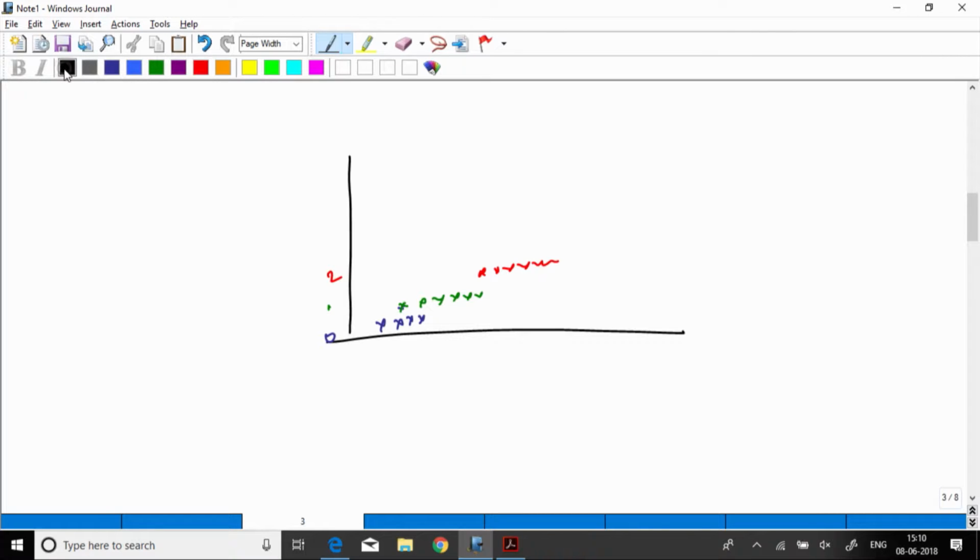Now think about this as our probability of y given x, so it will be between 0 and 1.